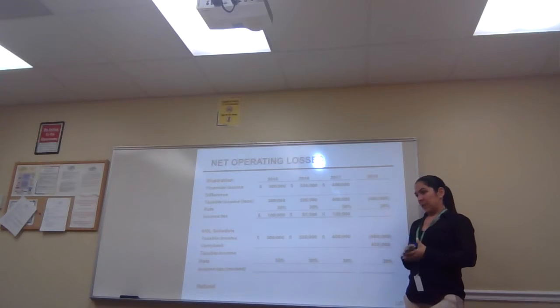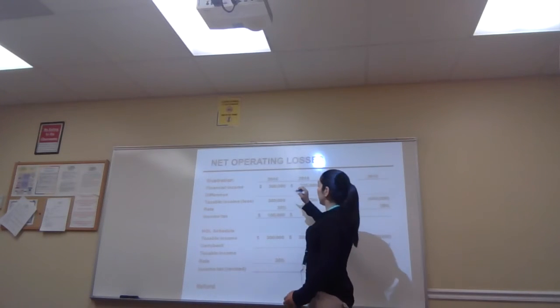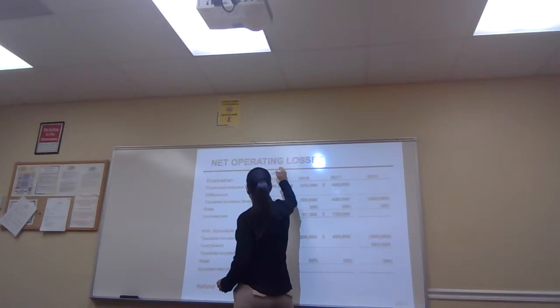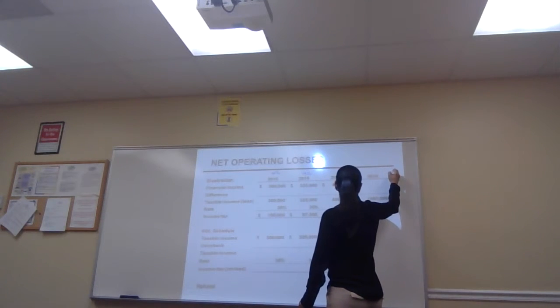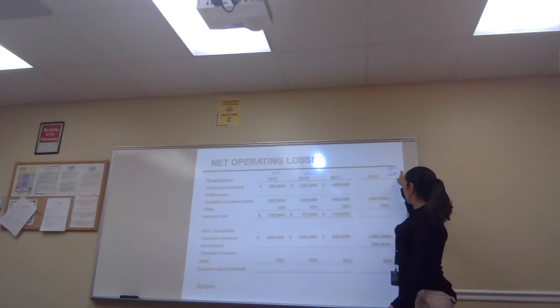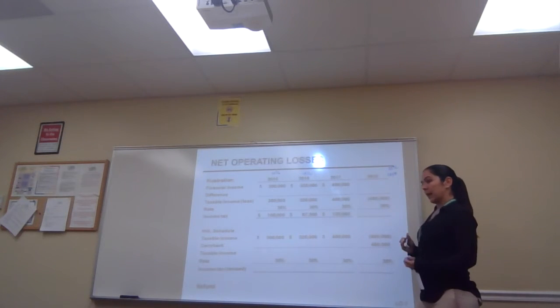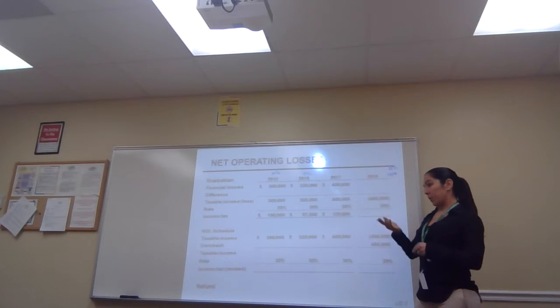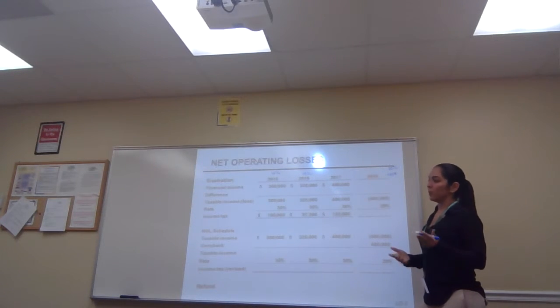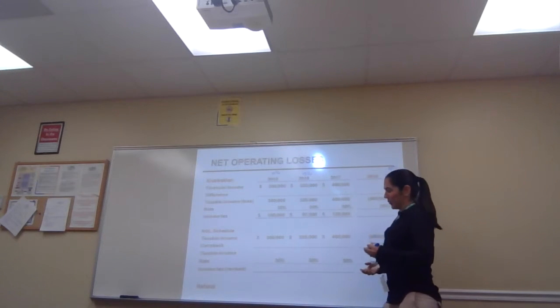So if I have 10% tax here and 15% here, but I know that in 2019 I'm going to be in the 35% tax bracket, I want to carry my loss over there, because I want to bring that tax bracket down and make my profit lower. The higher your profit, the higher your tax bracket. The more money you make, the more taxes you pay, pretty much.